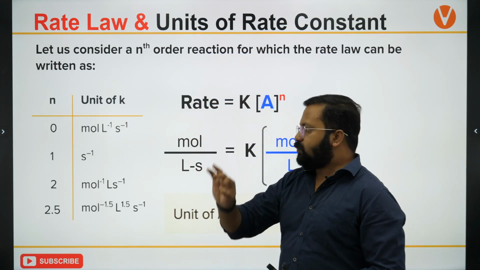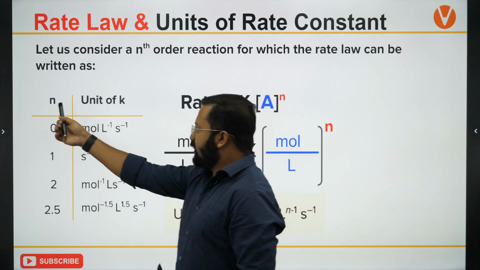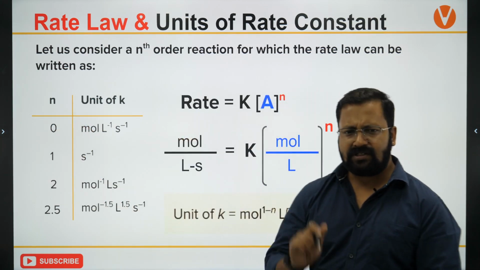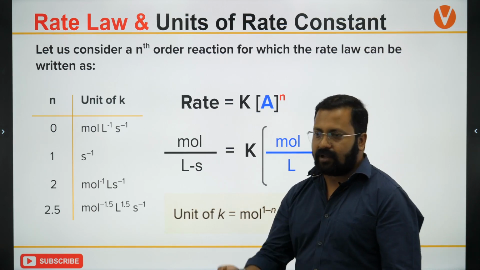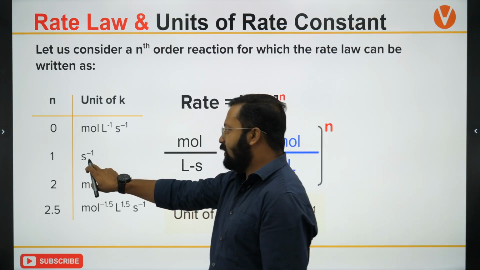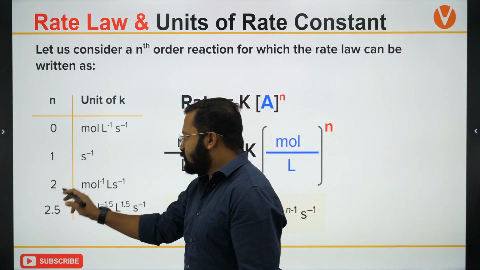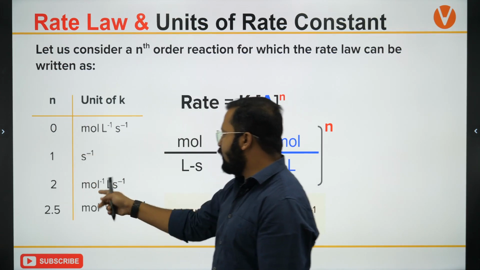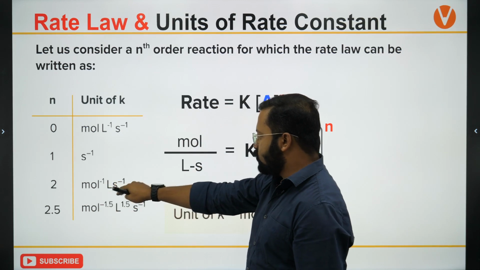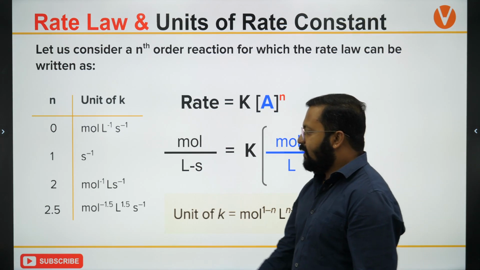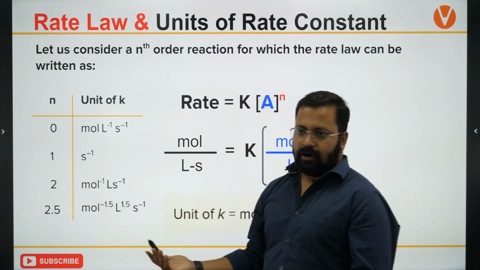If n is 1, order is 1, then it will be time inverse: second inverse, minute inverse, hour inverse. Okay. If n is 2, then it will be written as mole to the power minus 1, liter to the power 1, and second to the power minus 1. If it is 2.5, you can calculate it accordingly.